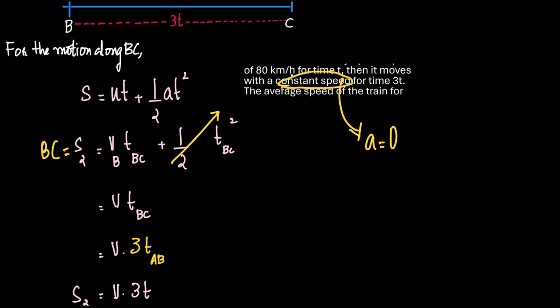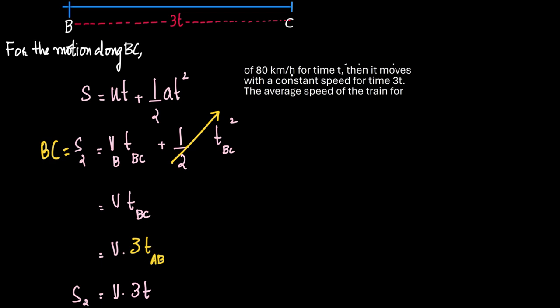And t BC, it is also given to us that it moves for time t, then it moves with a constant speed for time 3t, which means the time for BC would actually be equal to 3 into time AB. So I can write s2 is equal to v into 3t, which is 3 t AB.